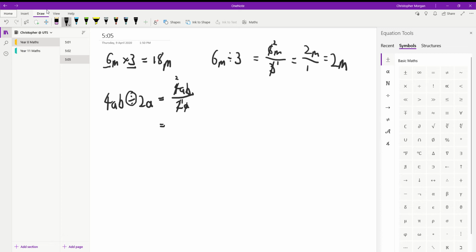So we can cancel the a, that gives us 1. Do we have any b's we can cancel? No, we don't. So in that case, what we do is we just rewrite our equation. So we've got 2b over 1. Or we can write that again as simply 2b without the 1.